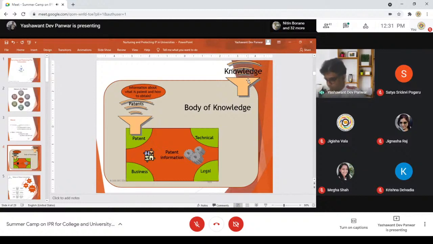But the majority of the focus of university IP may not be on trademarks too much, but definitely on design registration, patent filing, and new plant varieties in agriculture universities.